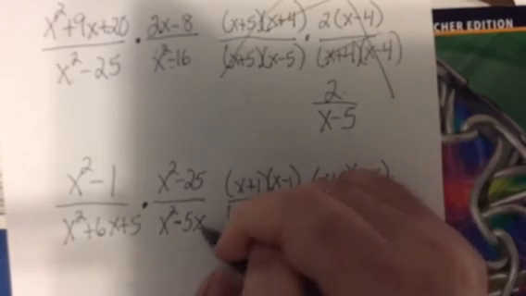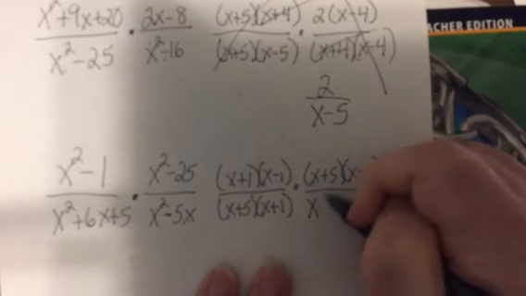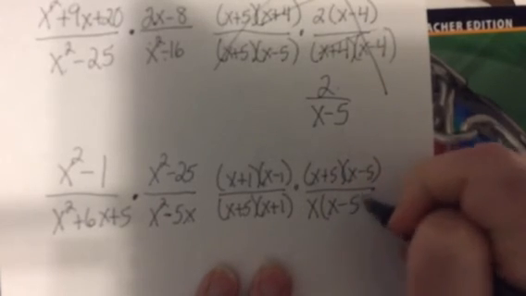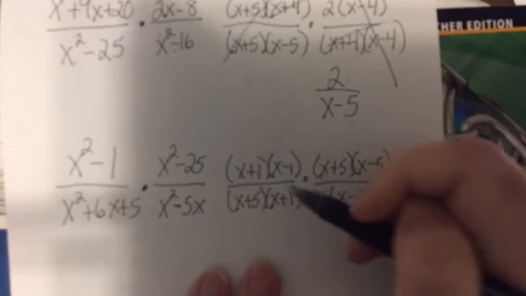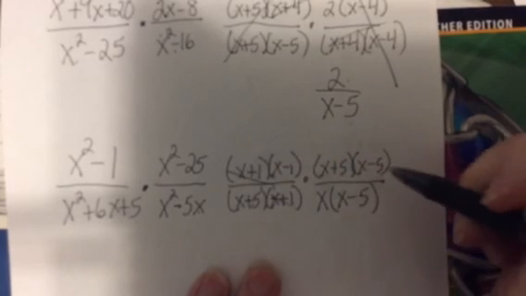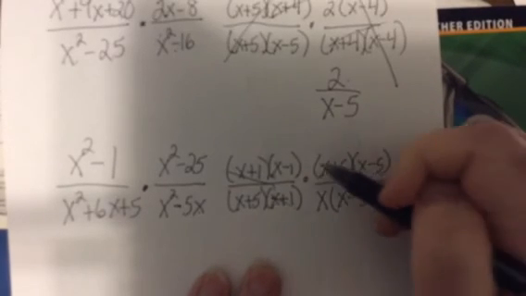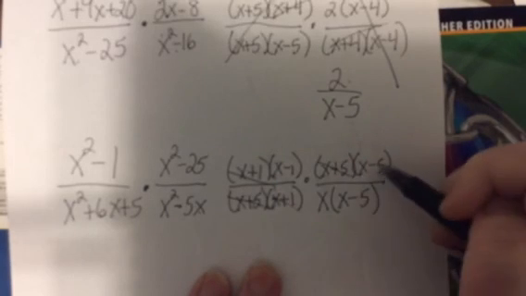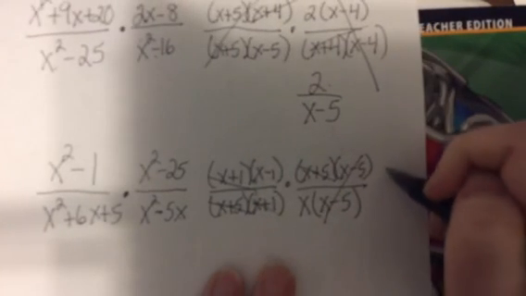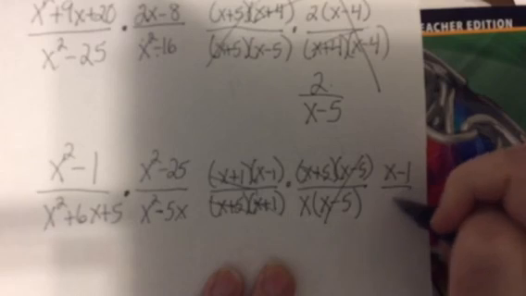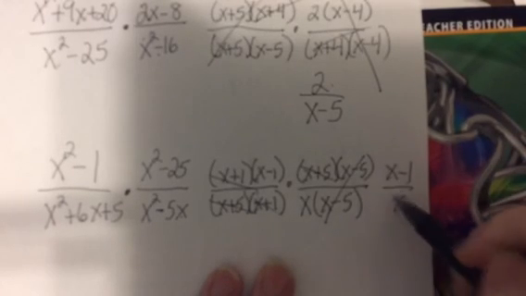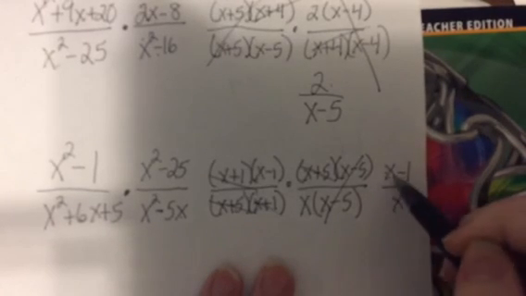And then factor out the GCF, which is x, so it's x minus 5. So here we go. X plus 1, cancels. X plus 5, cancels. X minus 5, cancels. So what's left? X minus 1 over x. Now, a lot of people would want to cancel the x's, but no, it's x minus 1.